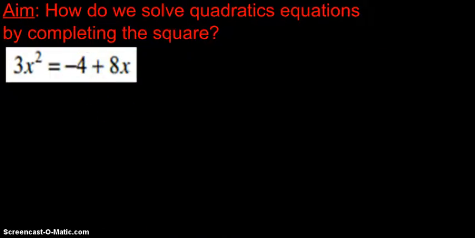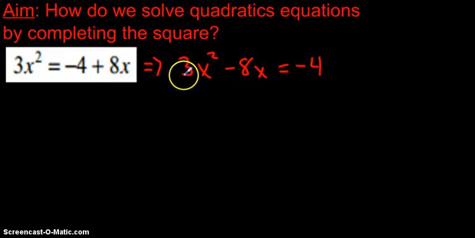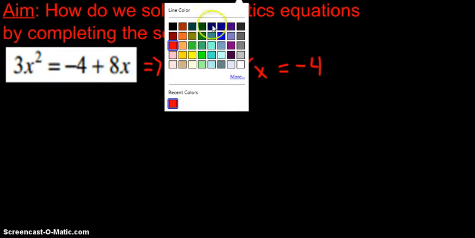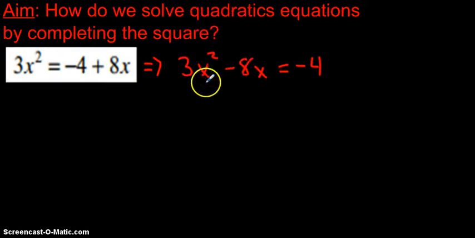Alright, so we'll want to set this up such that the negative 4 is the only thing on the other side. So move the 8x over here. Now, unlike in the other ones, the a term is actually not equal to 1, so the way to deal with that is to divide everything by a, which is 3 in this case.